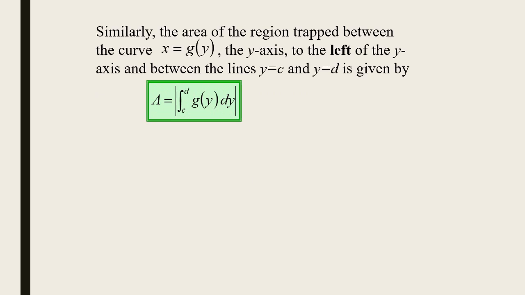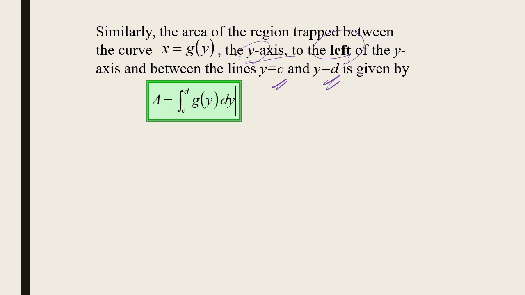And then similarly, the area of the region trapped between the curve x equal to g of y, the y-axis, to the left of the y-axis, and between the lines y equal to c and y equal to d is given by this. So now we need to find the absolute value. Why? Because to the left of the y-axis, we will have a negative answer.